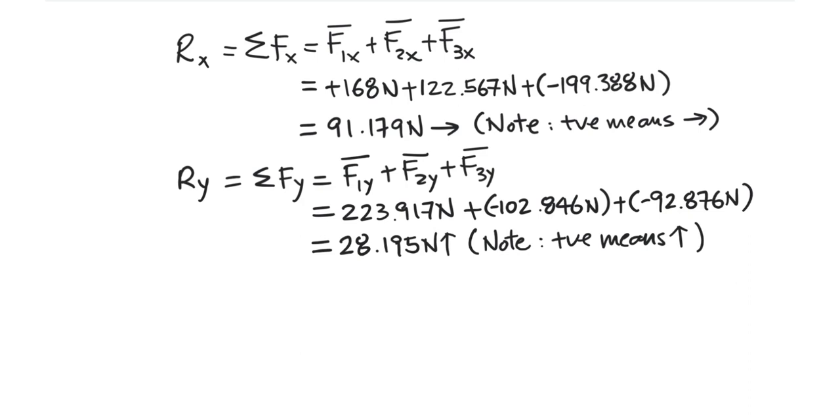We next draw a simple right angle triangle from Rx and Ry to indicate the direction, angle alpha to the horizontal shown, and the magnitude R of the resultant force due to these three forces.